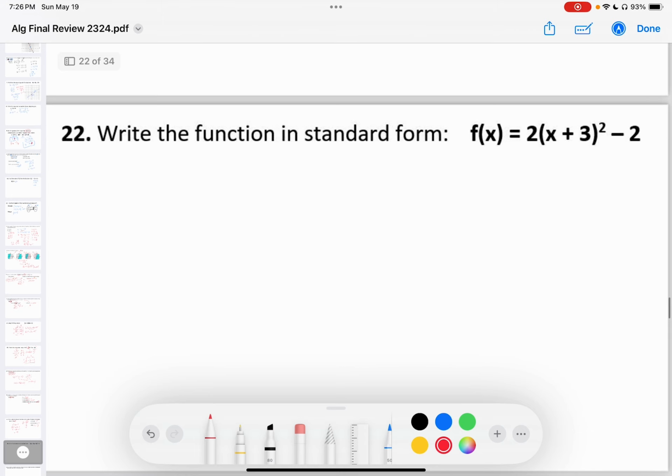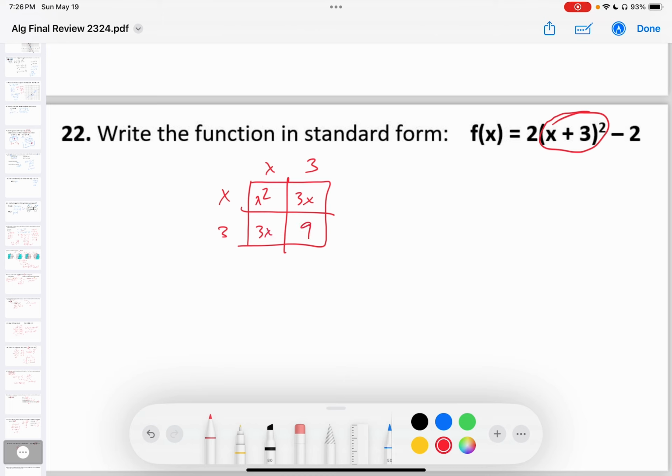Writing this in standard form, first thing we got to do is evaluate that. So I've got x plus 3 squared, x, 3, x, 3: x squared, 3x, 3x, and 9.